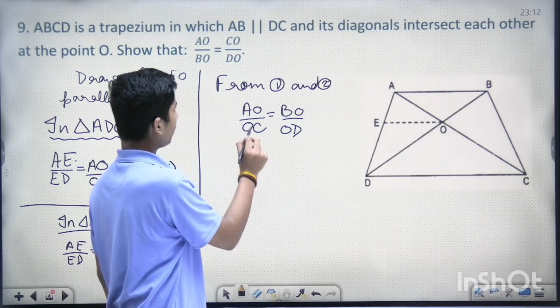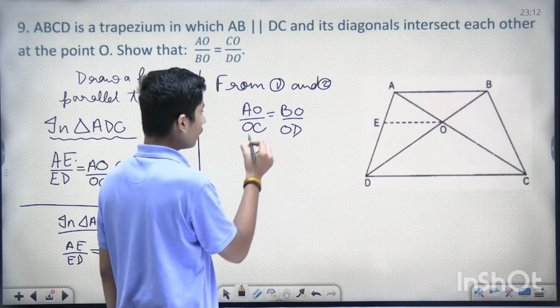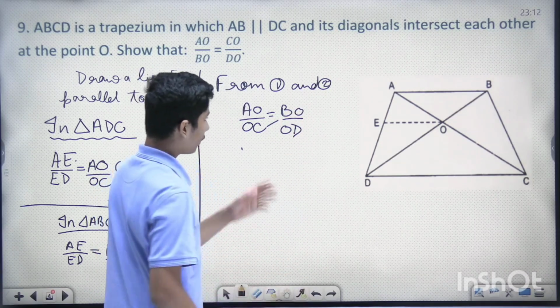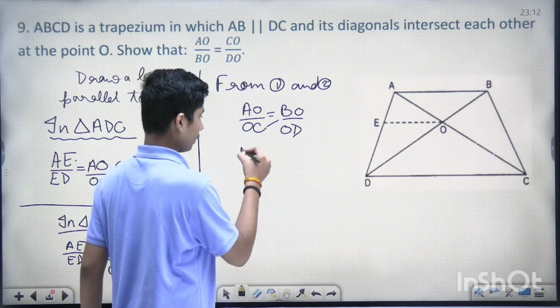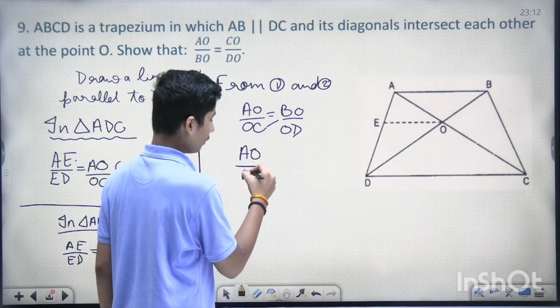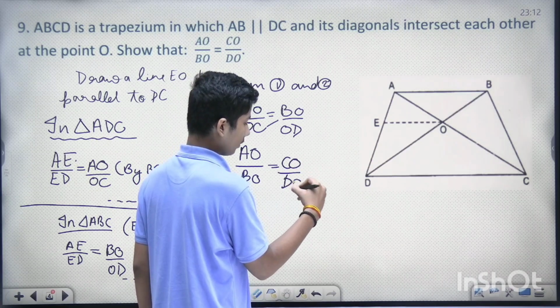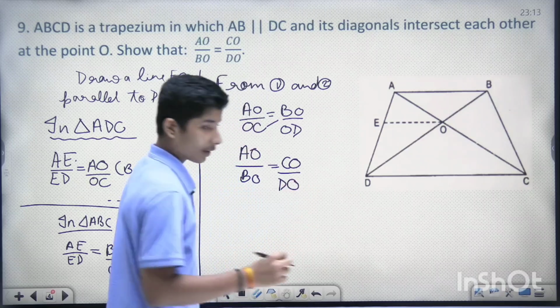But here OC is not given, CO is given. So what we'll do, we'll send both these in opposite direction. AO upon BO equal to CO upon DO. It will not come by itself.